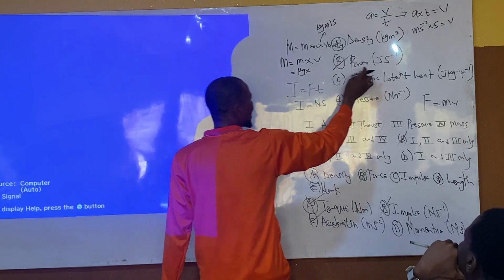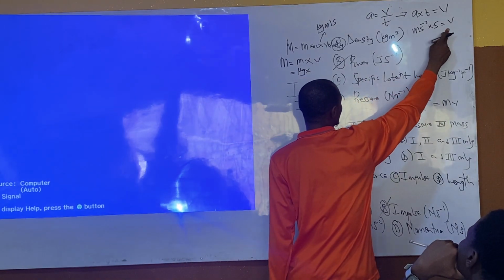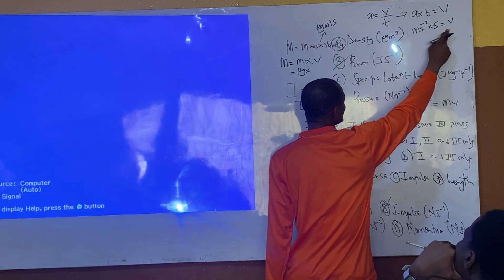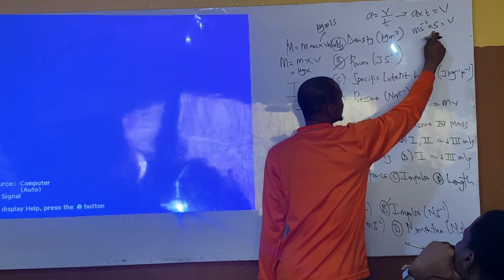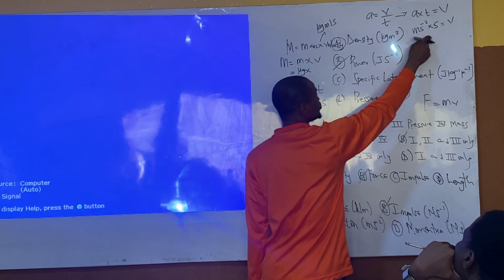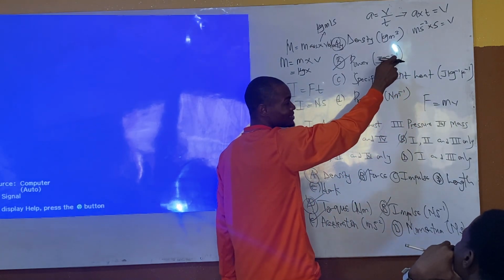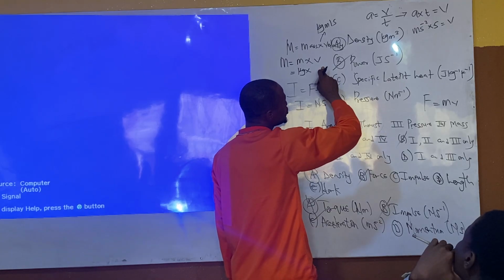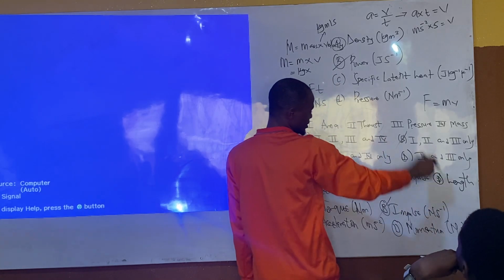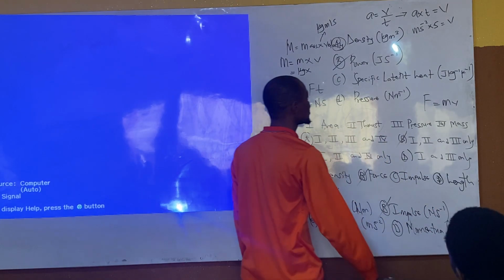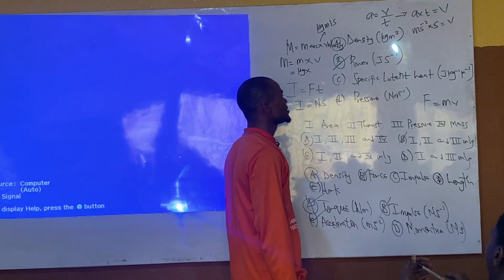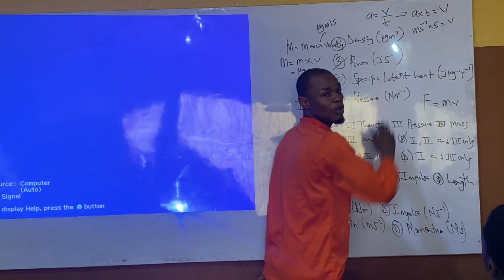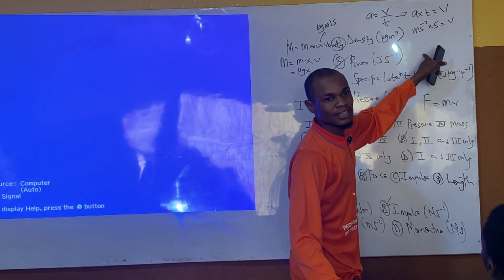Kilogram. My velocity is meter per second square times seconds, which is meter per seconds, right? At the end, if I put meter per seconds here, I will still get Newton seconds. Let's work out the mathematics.